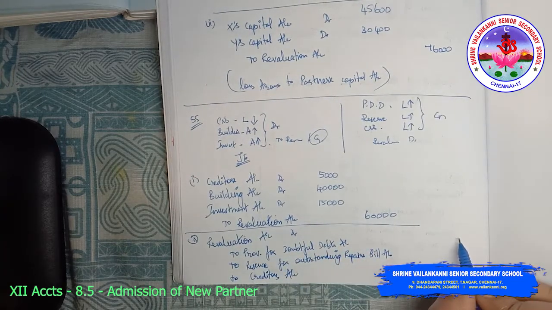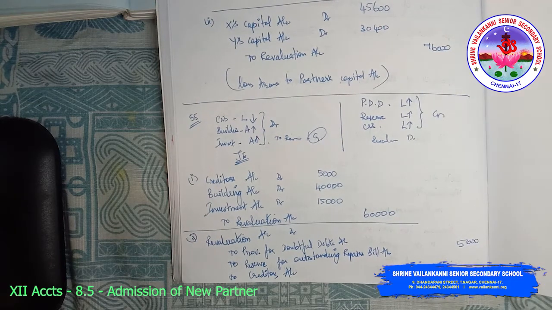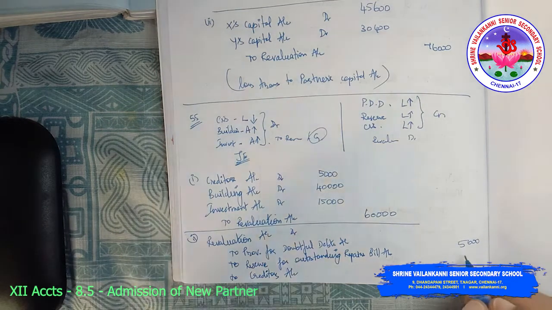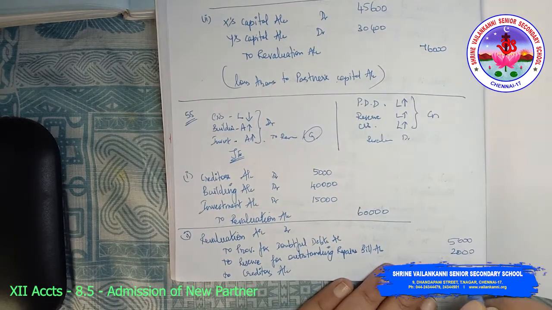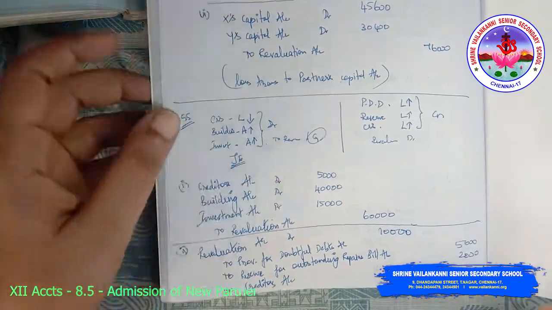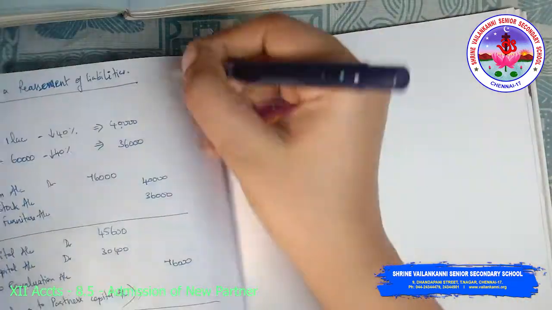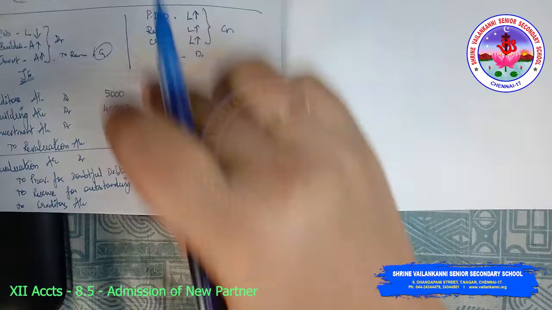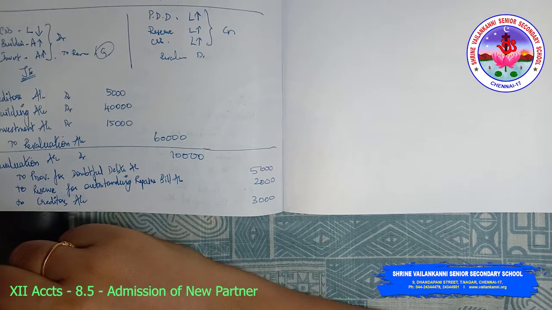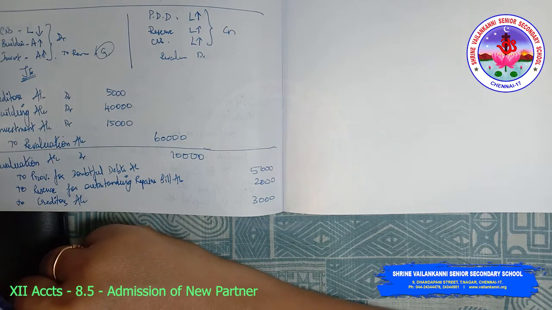So provision for doubtful debts is 5,000. Then reserve for outstanding repair bill is 2,000 and creditors is 3,000. So total 10,000. So the second entry is also over. The narration for the second entry is, being increase in liabilities, decrease in assets and reserves and provisions created, transferred to revaluation account.